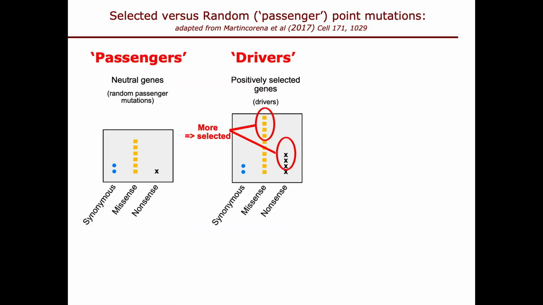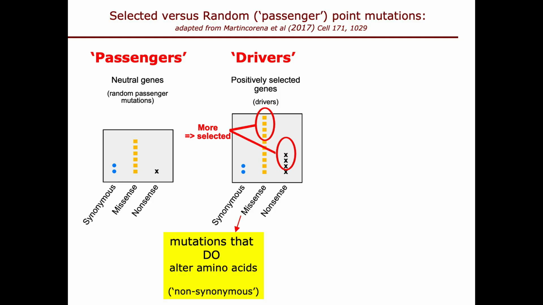Driver mutations will have a different pattern. They will either show an increase in the number of mutations that change amino acids, because obviously in the vast majority of cases you need to change an amino acid to have any biological effect, or you might see an increase in the number of translational stop codons if you're looking for a driver mutation that blocks the activity of that gene.